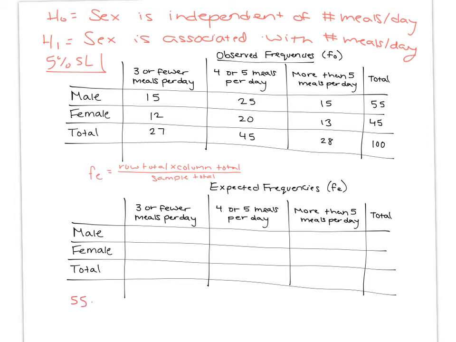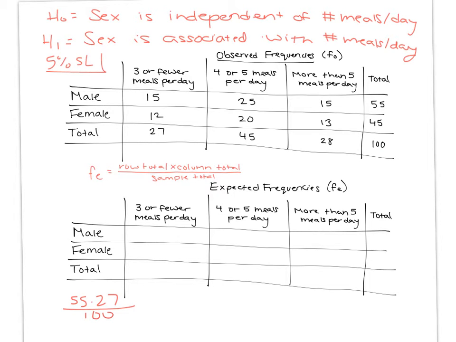I'm going to multiply that times the column, this column right here, the total is 27. And I'm going to divide that by our sample size total, which is over here, and that's 100.